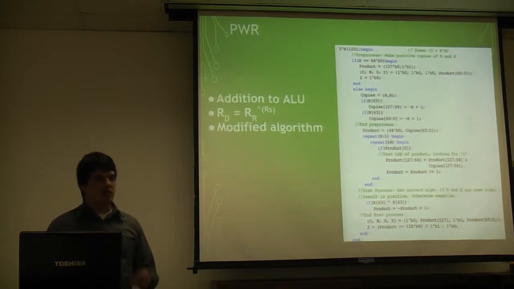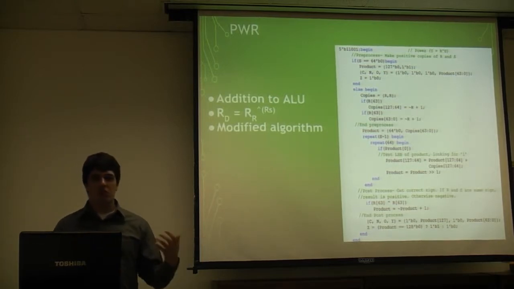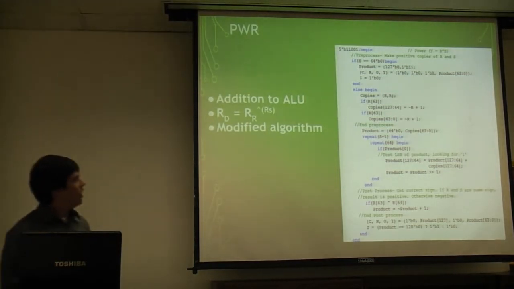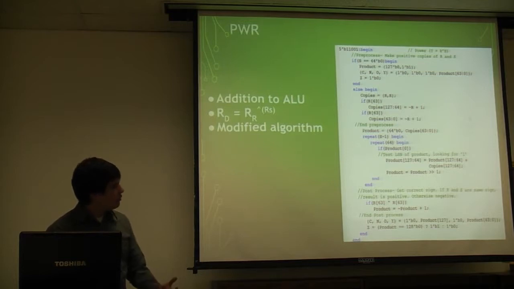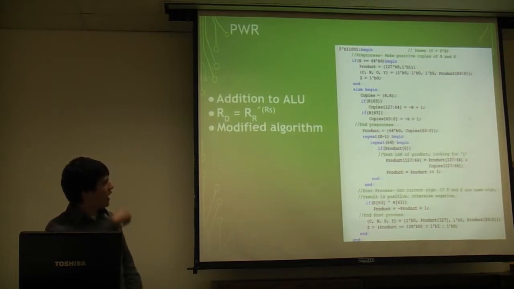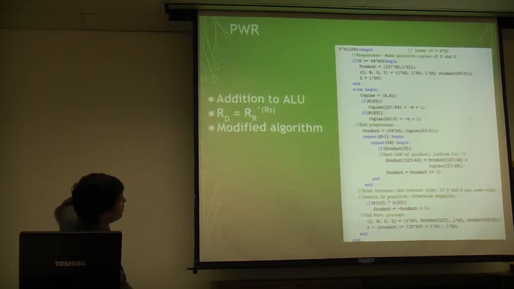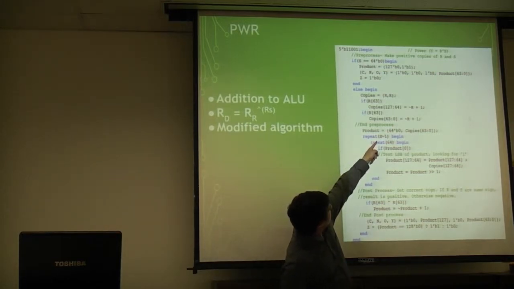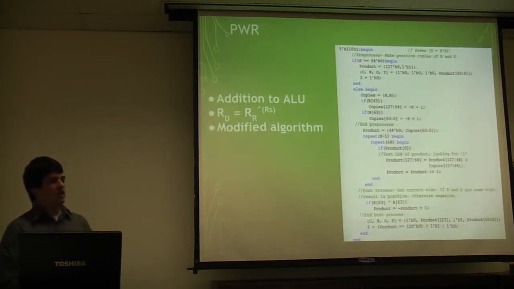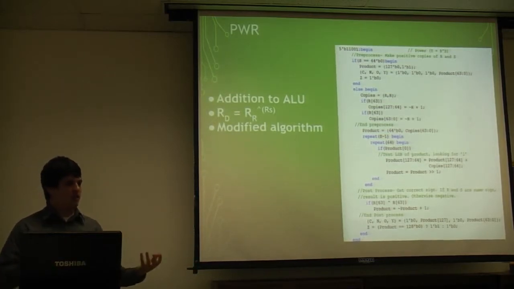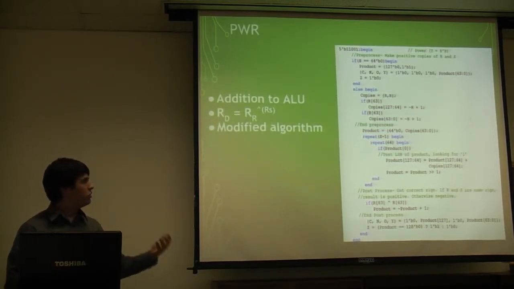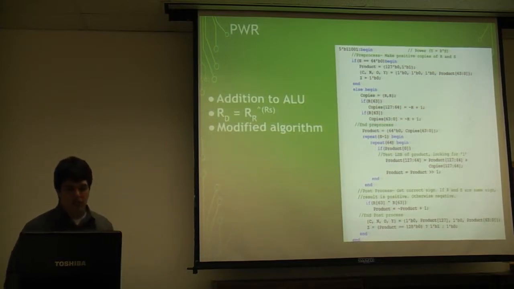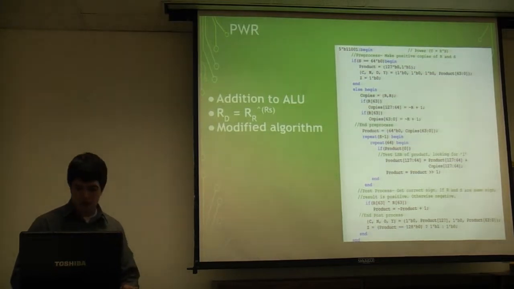But the way we made it was interesting because we took the algorithm that we were given by our client for the 128-bit product for multiplication, and we implemented it in such a way that after the pre-process, it will instead repeat S minus 1 times to get you the correct product of R to the S. So if the R register is 2 and S is 3, it will output 8, and 0 is the most significant word.